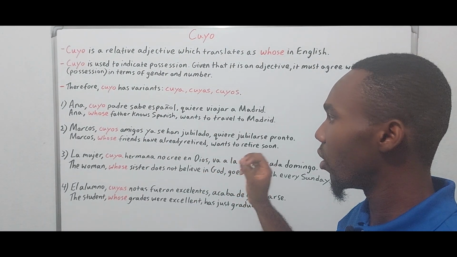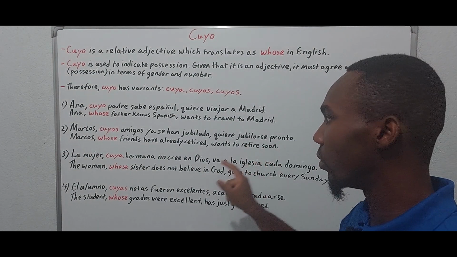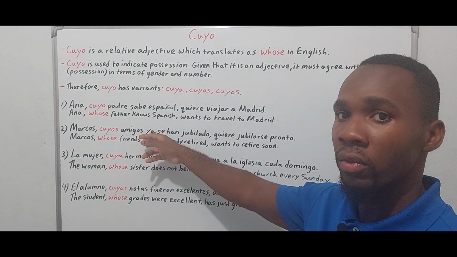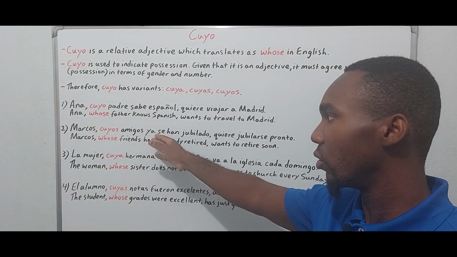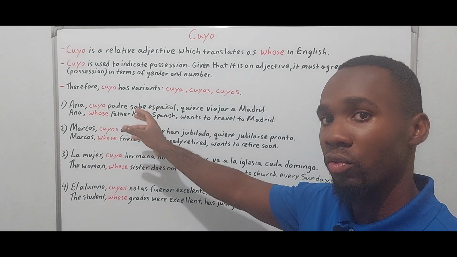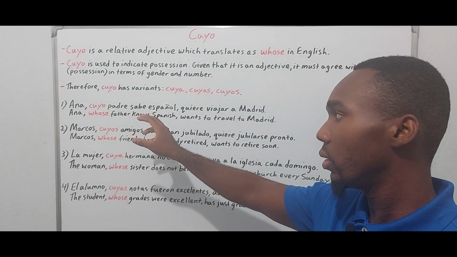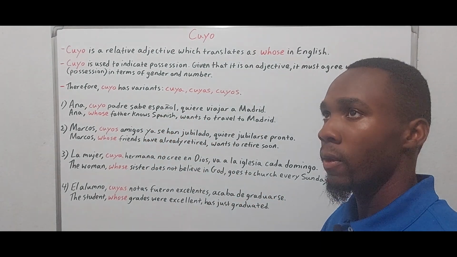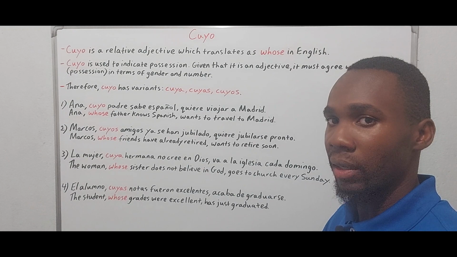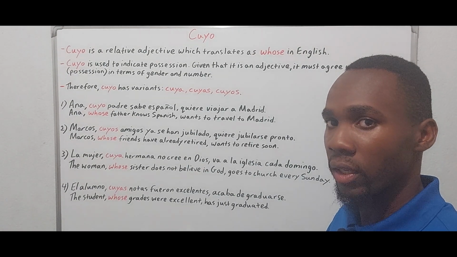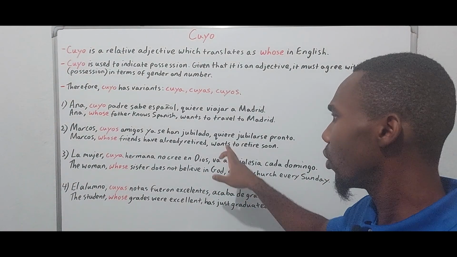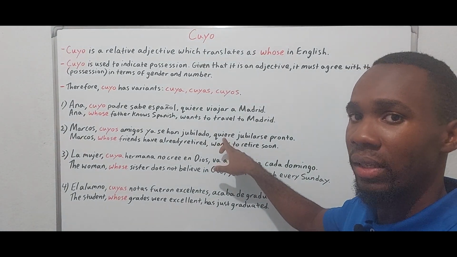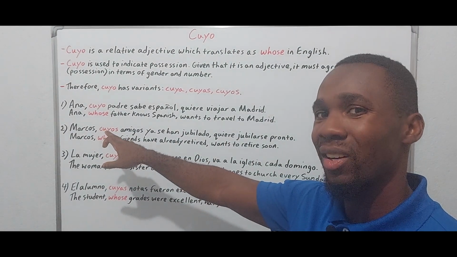Marcos, whose friends have already retired, wants to retire soon. So we have the masculine plural in amigos, okay? Cuyos amigos. Amigos belongs to Marcos, and because this is an entity that is masculine and plural, we use cuyos, right? But pay attention here, you will notice that the verb here is singular. Why is that? Because we're talking about Marcos.